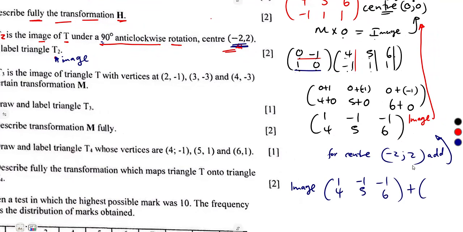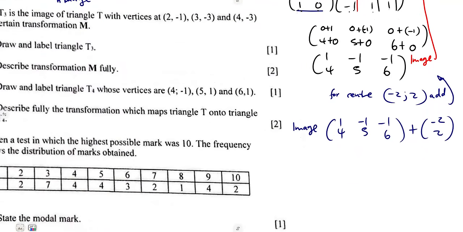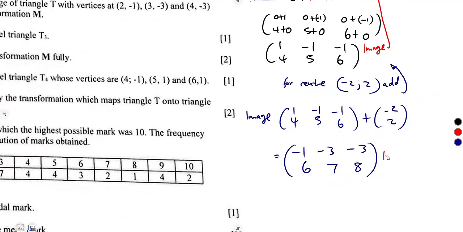We add the center minus 2, 2. 1 plus minus 2, that's minus 1; minus 1 and minus 2, minus 3; minus 1 and minus 2, minus 3; 4 plus 2, 6; 5 plus 2, 7; 6 plus 2, 8. So that is our final answer, which is the image at center minus 2, 2.